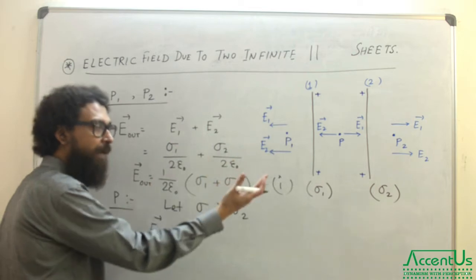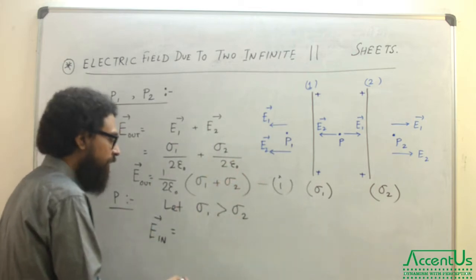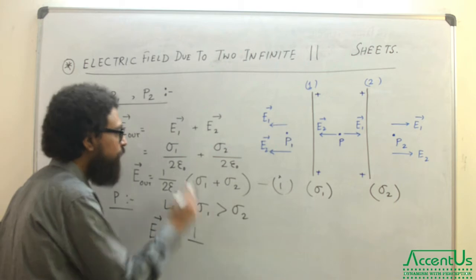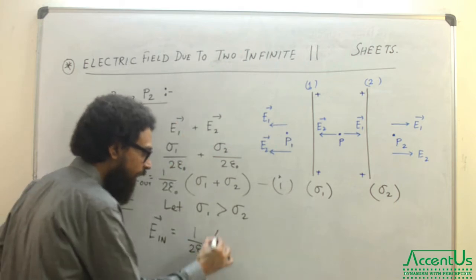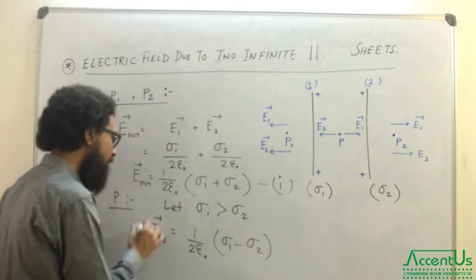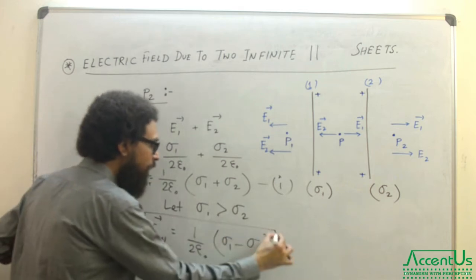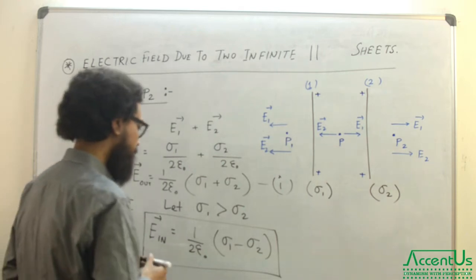I am taking right as positive as per the physics sign convention. I need not show you so many steps. You can easily write 1 by 2 epsilon naught times (sigma 1 minus sigma 2). This is the expression for the field within. Alright, great.